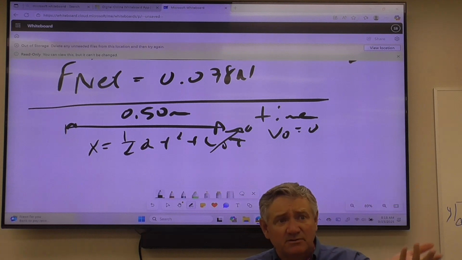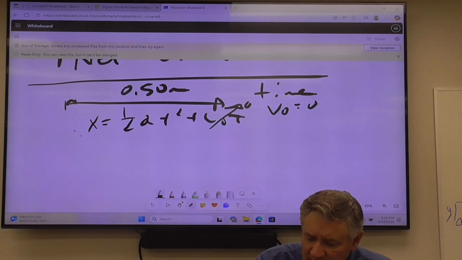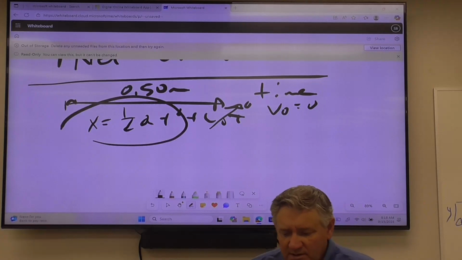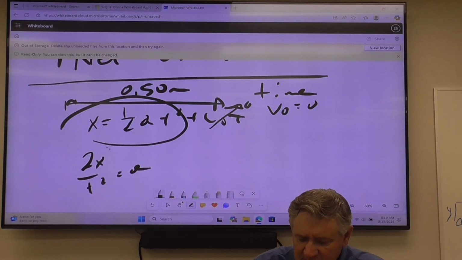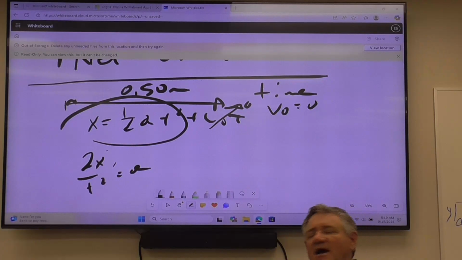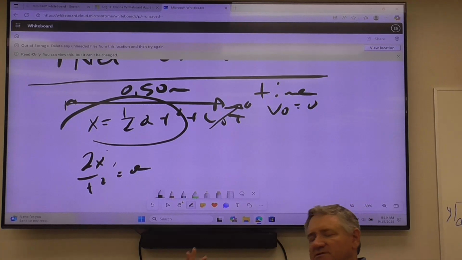Okay, so you let the initial velocity be 0. So you need to get acceleration by itself. So what are you going to do? Oh, 2x divided by t squared. This is why we let the distance be 0.5 meter, because then you're just taking 2 times a half a meter, otherwise known as 1. So you're just taking the inverse of time squared. Okay, that's why we let it be that.